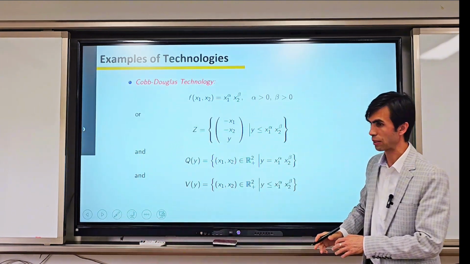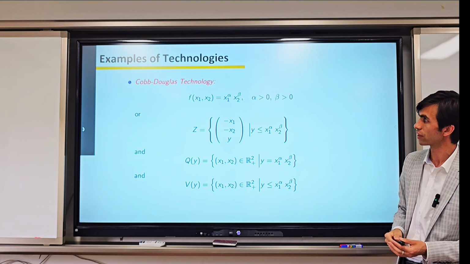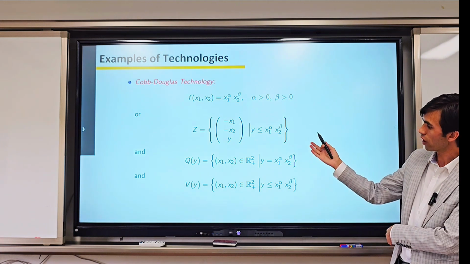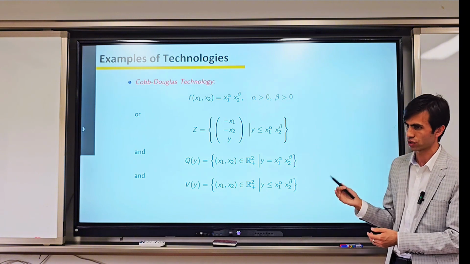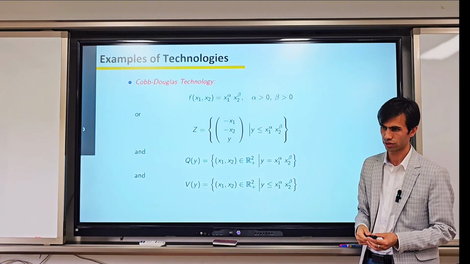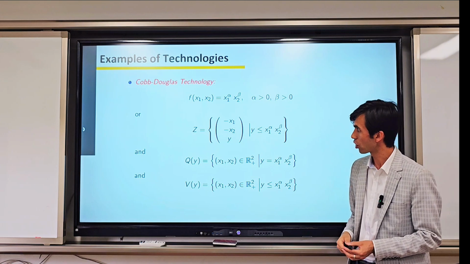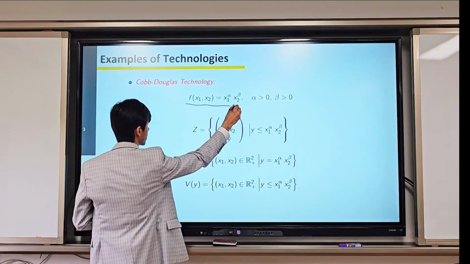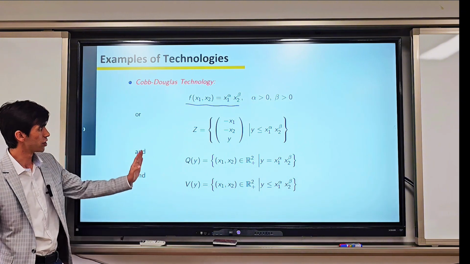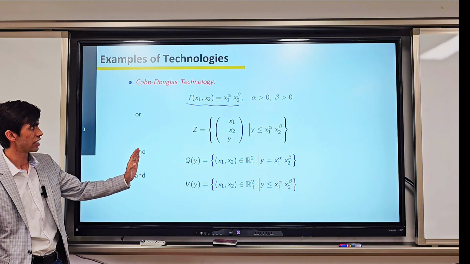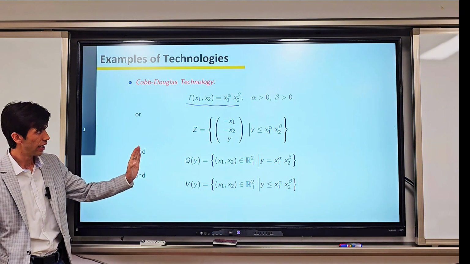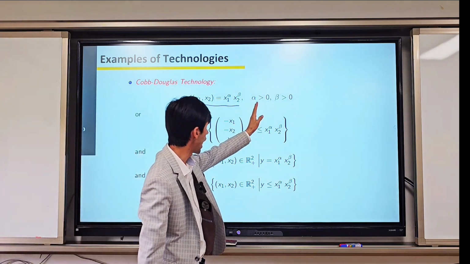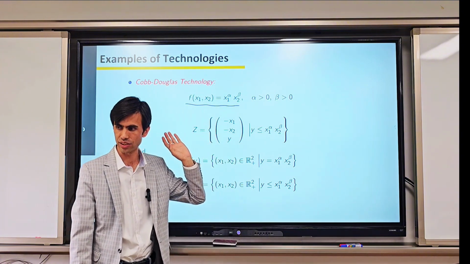So now let's move to some examples related to different types of production technology. One of the very common and famous production technologies is the Cobb-Douglas. For the Cobb-Douglas production technology, the production function takes this shape: f of x1, x2 is equal to x1 to the power of alpha, x2 to the power of beta, with the condition that alpha and beta are both greater than 0.